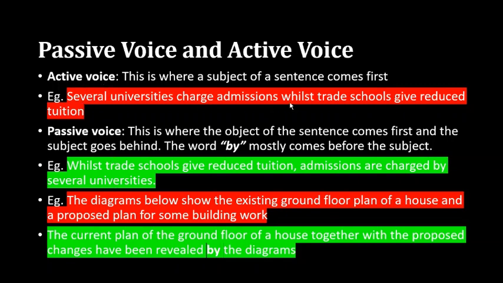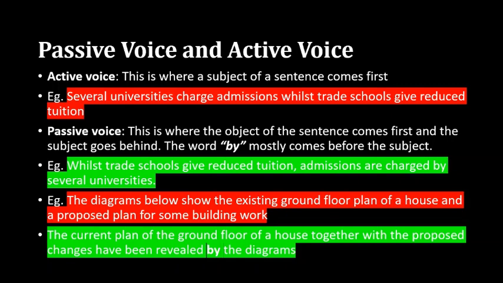And please, you see that when we wrote "whilst trade schools give reduced tuition," a comma came. That comma is really important. If you have this kind of wording while you are using the word "whilst," please, after the first coordinating clause, make sure to bring your comma, because the first one, "whilst," is just coordinating the entire thing.